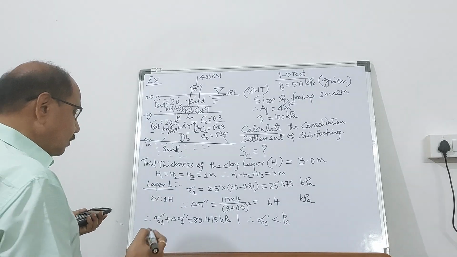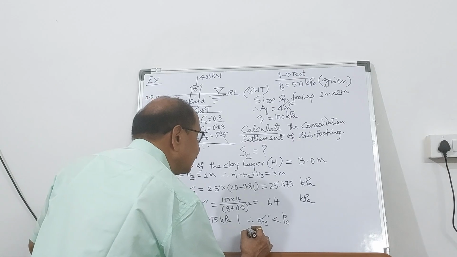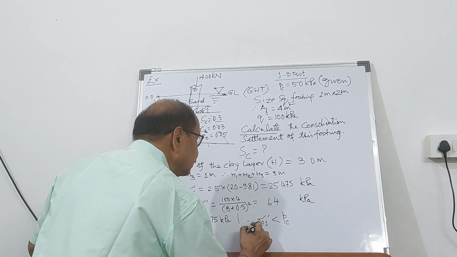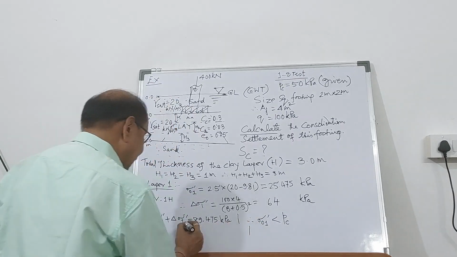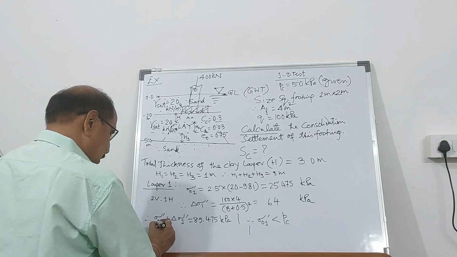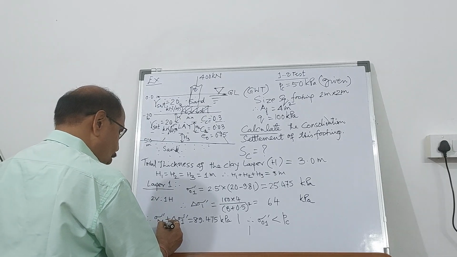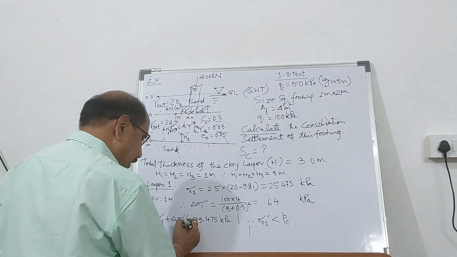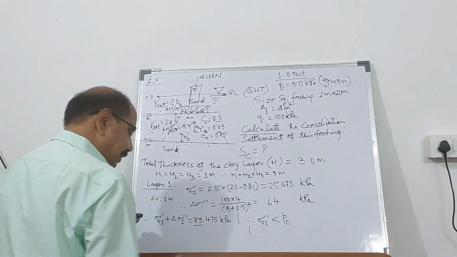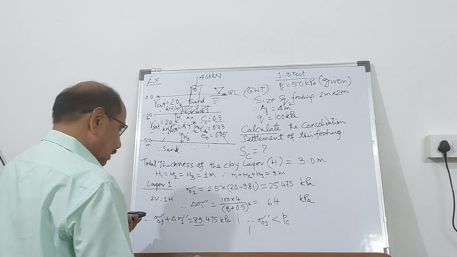But pre-consolidation pressure is less than sigma naught 1 prime plus delta sigma 1 prime, which is 89.475.